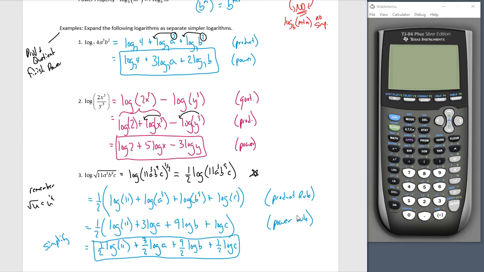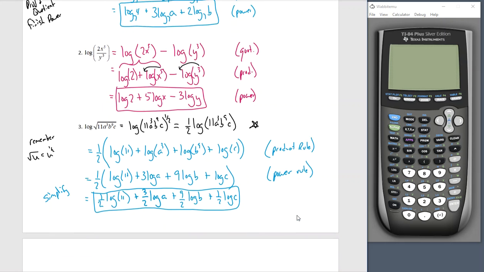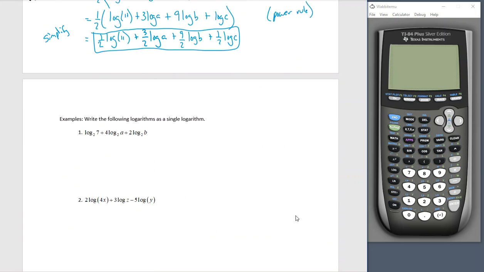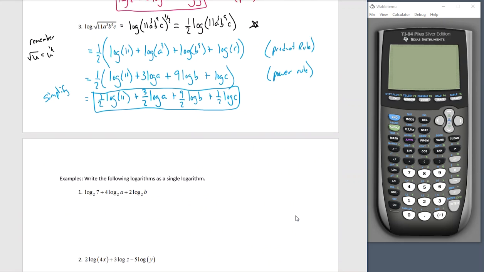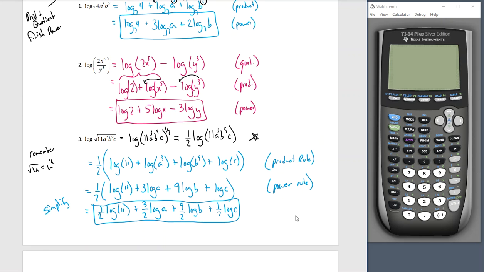All right, so that is expand, but remember equations go both ways. So now we're going to do the opposite. Now, as we do the opposite, I want to show you something here in example number 2. See how the log of 2 has no sign out in front, so it's assumed to be positive. 5 log of x is positive. 3 log of y is negative. Where was the y?